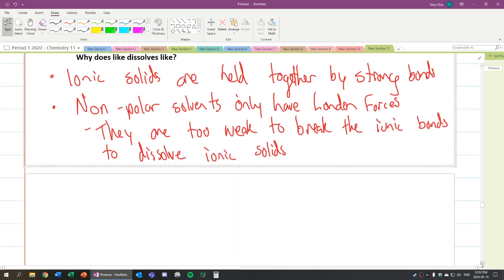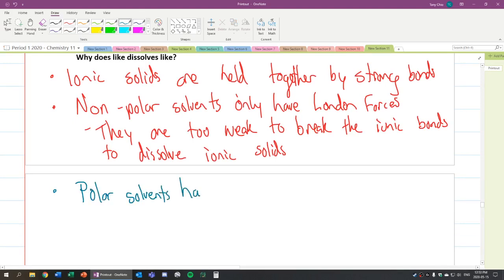Likewise, if you talk about polar solvents, polar solvents have dipole-dipole forces.